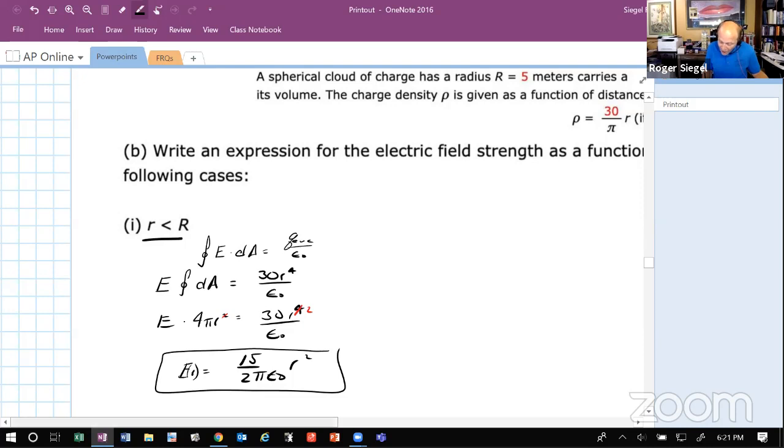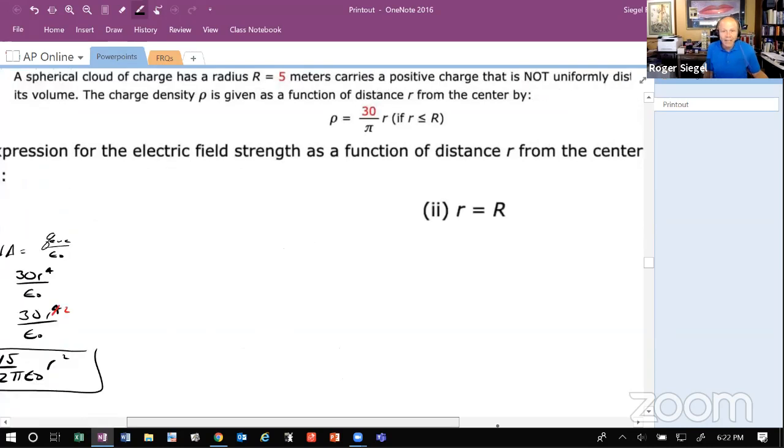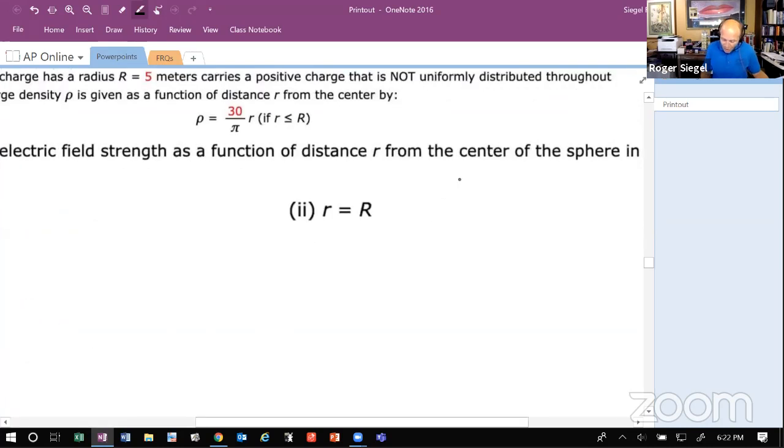Now, what happens when I'm all the way at the outside of my sphere? I'm going to have the same Gauss's law, E dot dA, and again we said this is 30 r to the fourth over epsilon naught. That's my charge enclosed. And so this is E times 4 pi r squared is equal to 30 r to the fourth over epsilon naught.